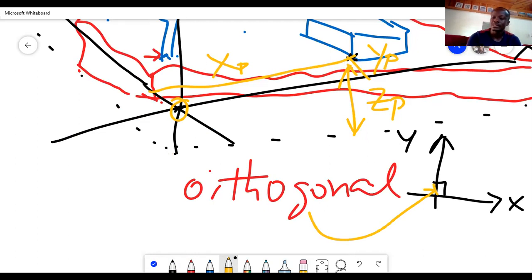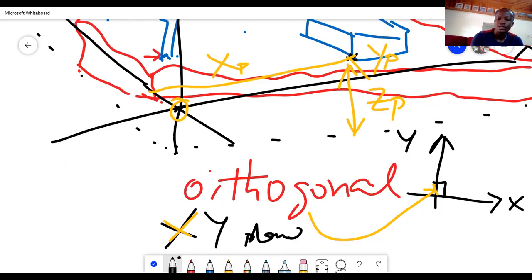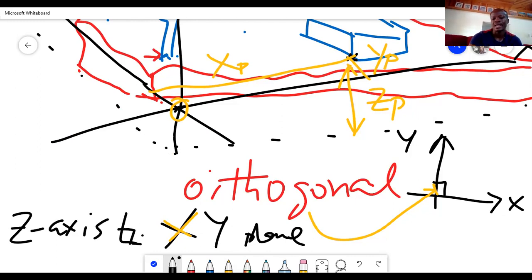And then the Z-axis is perpendicular to the plane defined by the XY axis. So you need two axes to get a plane. So the XY plane, the Z-axis is orthogonal to the XY plane.